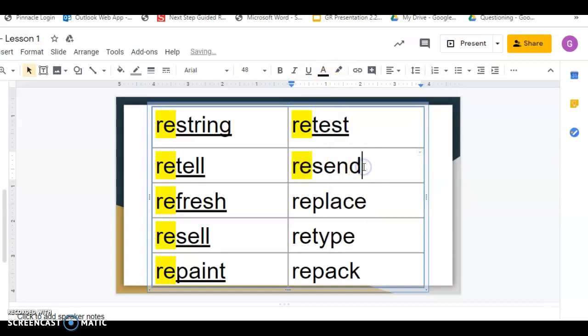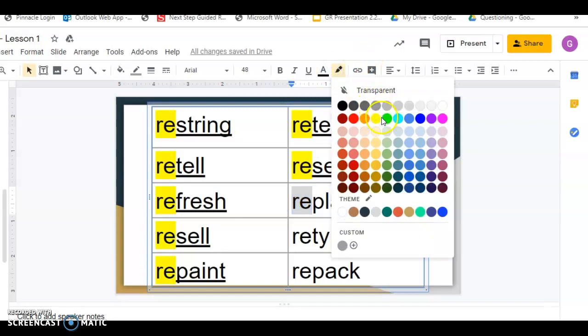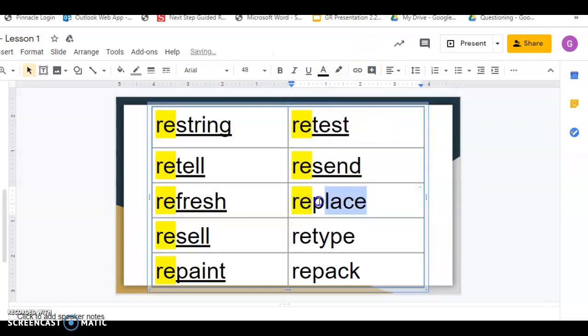And what's the rest of the word? Send. And what word do you have? Resend. Good job. How about this one? The prefix is re. The rest of the word is place. And what word do you have? Replace.